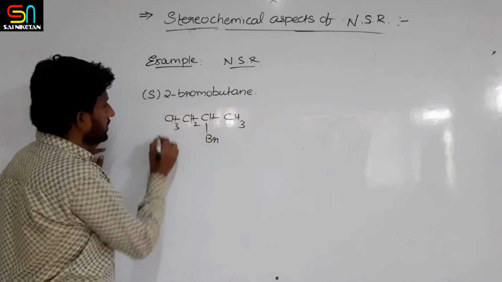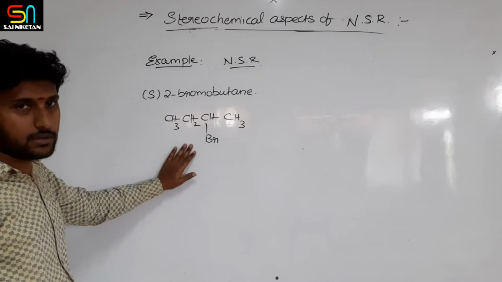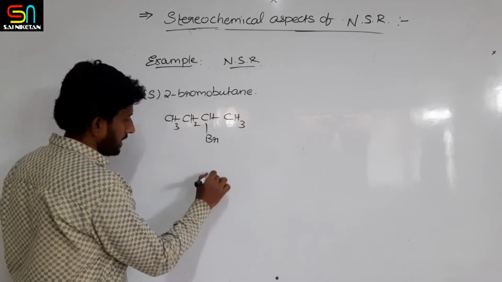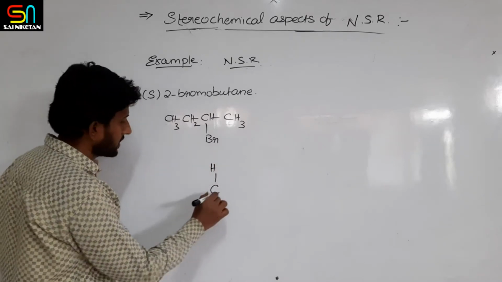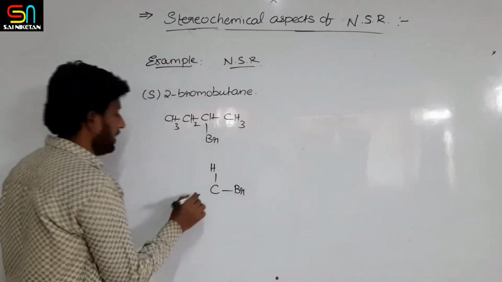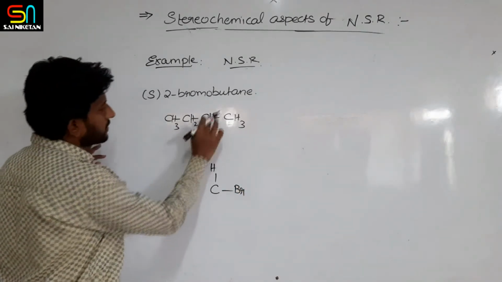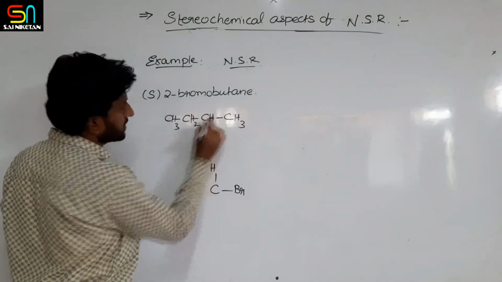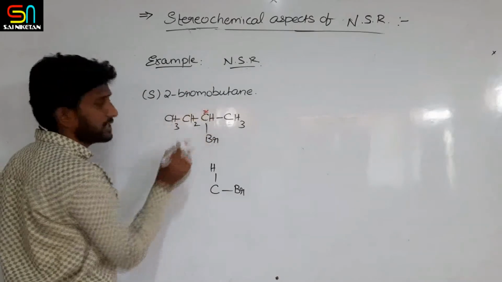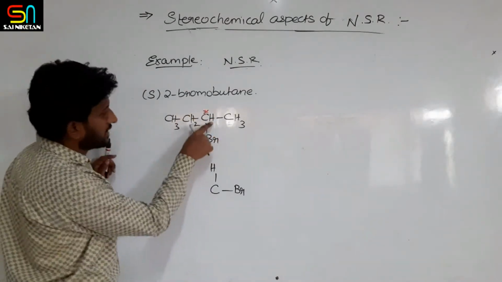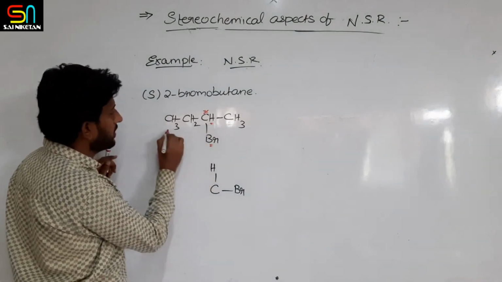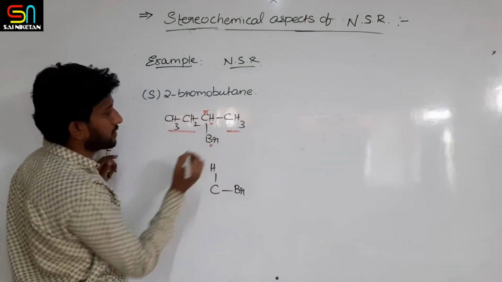Hydrogens. Now the same compound I am writing in this way, that is one hydrogen above, and one bromine on this side. You see, this carbon is the chiral carbon in this molecule, right? Why? Because it is attached to one hydrogen, one bromine, one ethyl group and one methyl group.